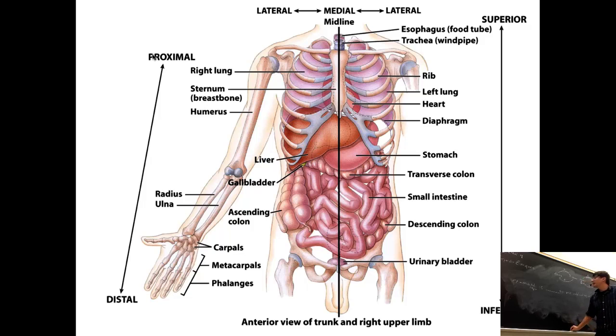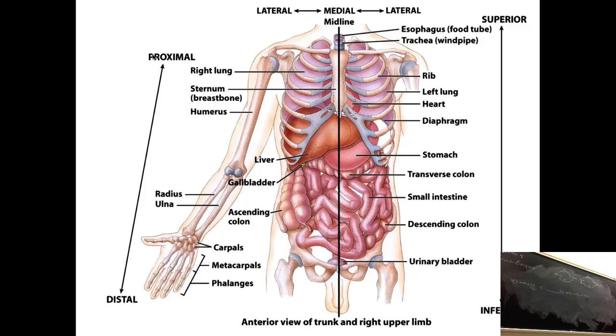So how are my antecubital region and my umbilical region related? My antecubital region, which is in front of your elbow, is lateral to my umbilical region, right? I can go in a straight line and there it is. This relationship is reciprocal, which means my umbilical region is medial to my antecubital region, my elbow.